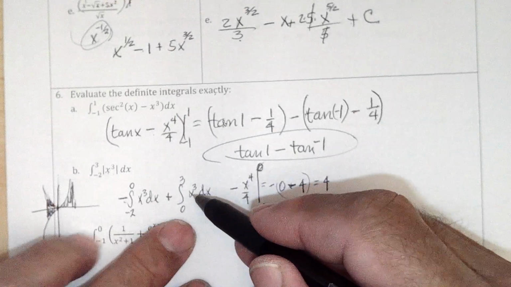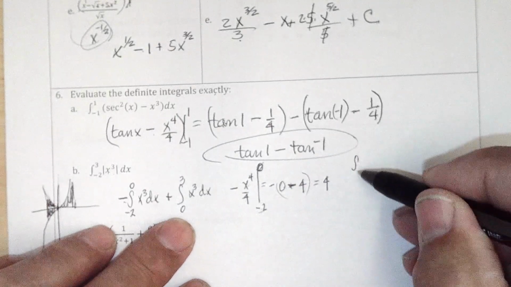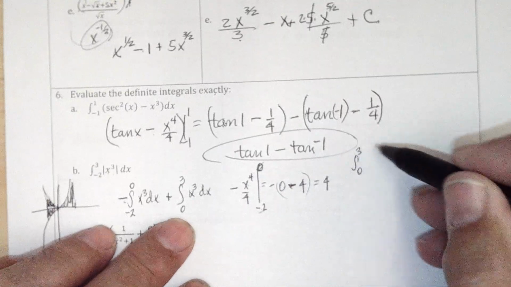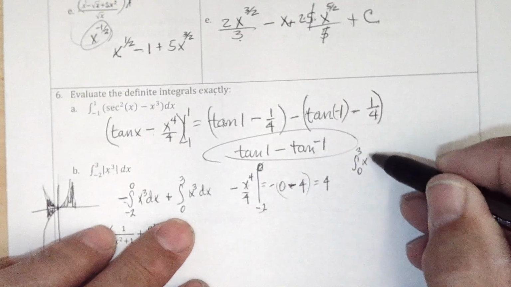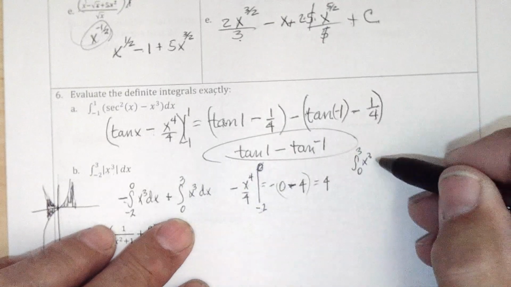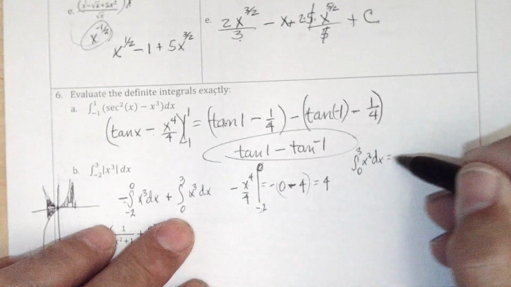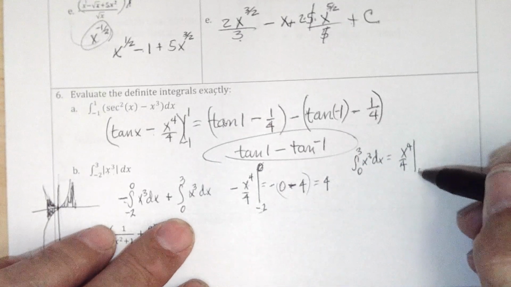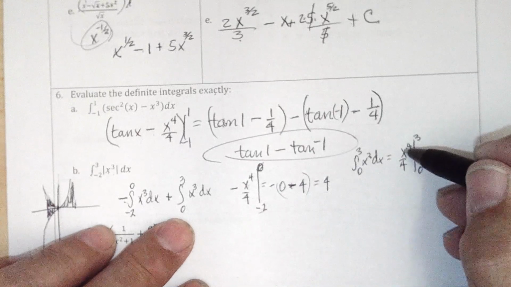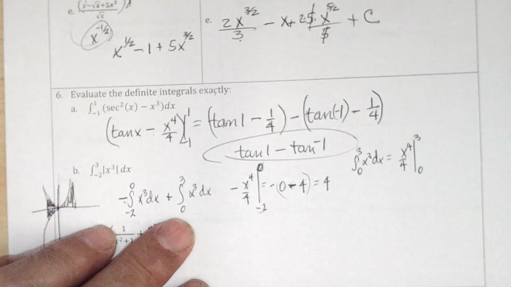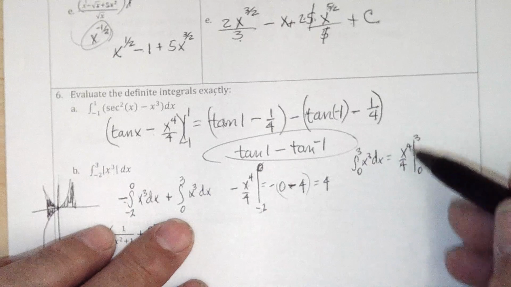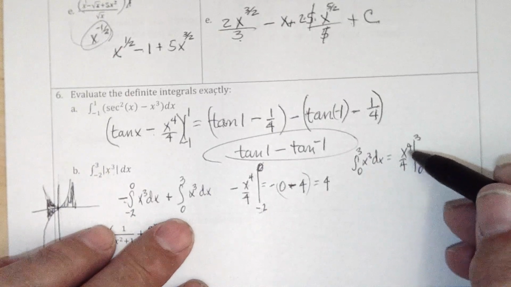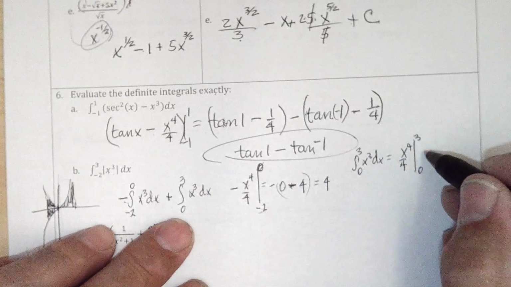And then we got to do the other part, integral from 0 to 3 of x to the 3rd dx, which is x to the 4th over 4, evaluated from 0 to 3. If we put 3 in there, 3 times 3 is 9, times 3 is 27, times 3 is 81/4.